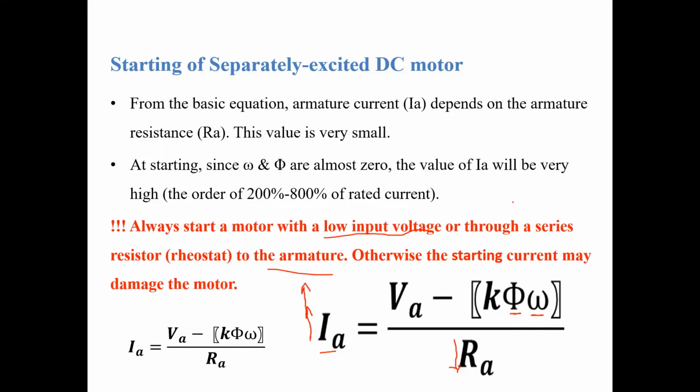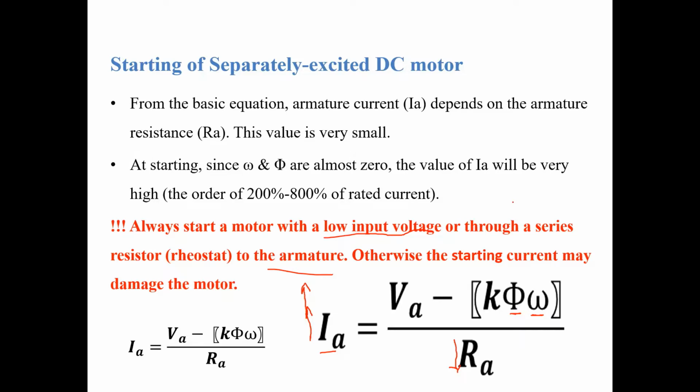In that case, the machine will experience low voltage, so the armature current will be lower. Slowly you can decrease the series resistance of the rheostat, and then the voltage drop in the rheostat will be minimum, and the voltage drop in the machine will increase.